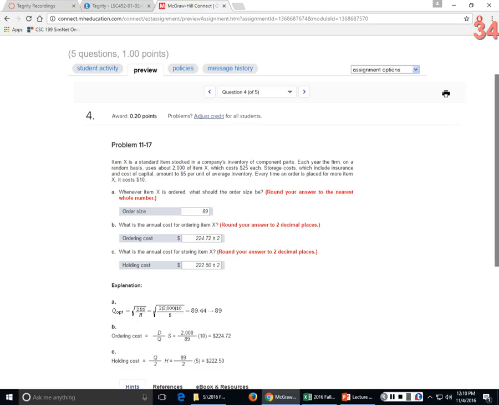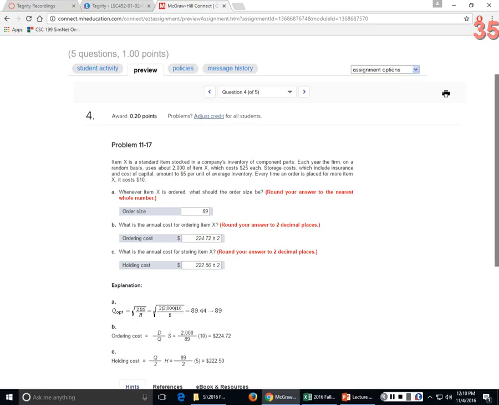So we have $5 and $10 that we need to assign to variables. What does $5 represent? Storage costs. Which variable represents storage costs? H. Which variable represents setup or ordering costs? That's S, right?